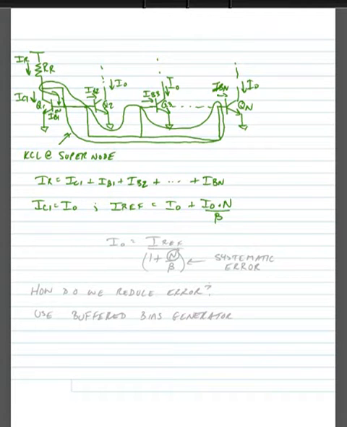And we can factor this out and solve for I out. And we can find I out is equal to IREF divided by 1 plus N divided by beta. So this is problematic. If you remember, this denominator here is what we call a systematic error.